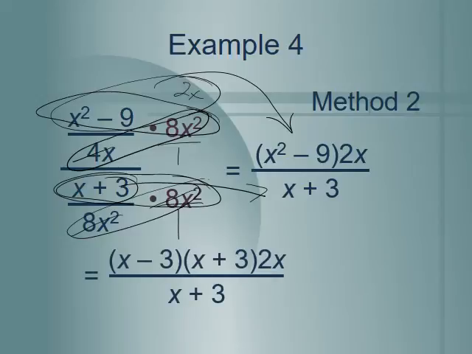And then you can actually factor out the x squared minus 9, and notice we have an x plus 3 and an x plus 3. We can go ahead and cancel those out, and we're left with 2x times x minus 3, and we can go ahead and distribute that 2x, and we come up with the same answer that we had before, 2x squared minus 6x.